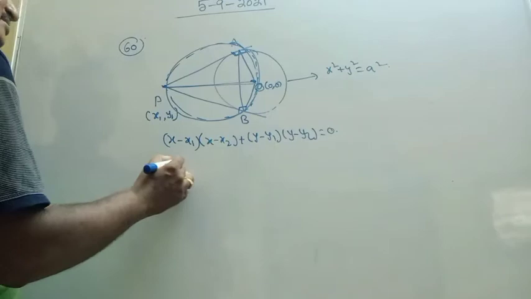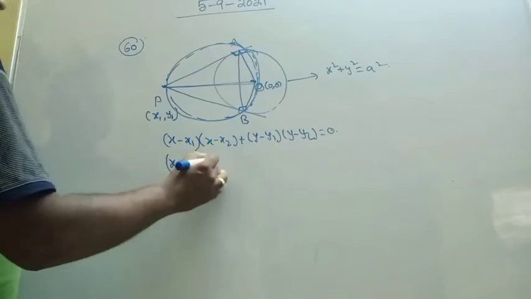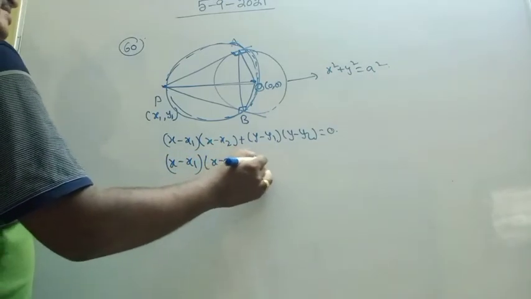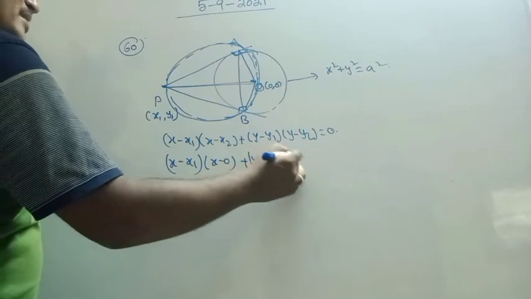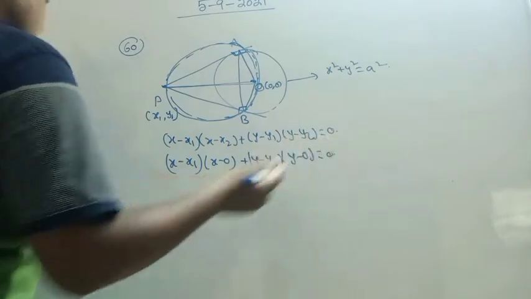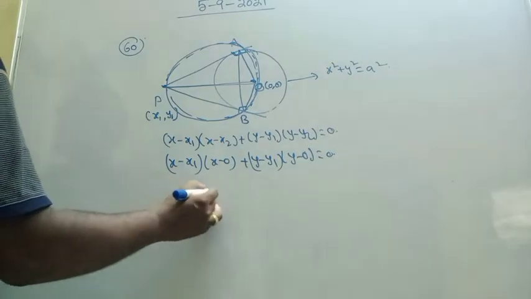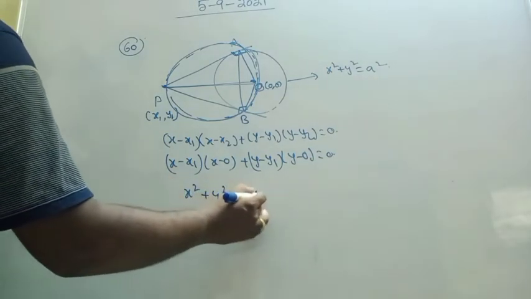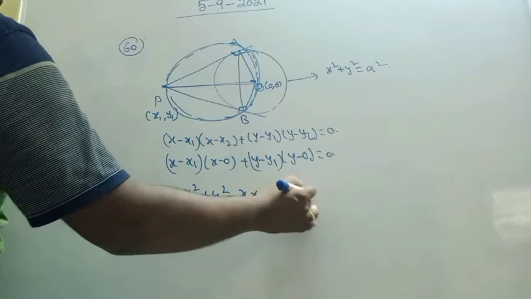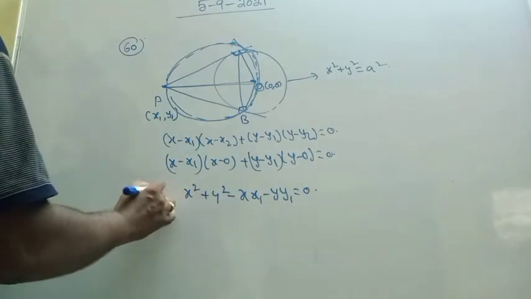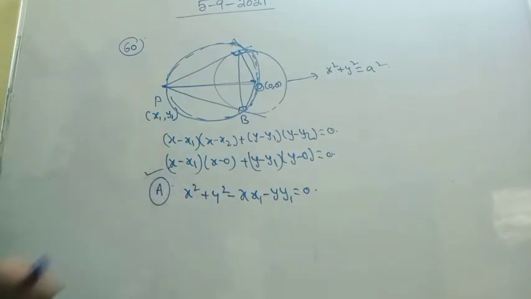This is (x minus x1)(x minus 0) plus (y minus y1)(y minus 0) is equal to 0. If you simplify, you get x square plus y square minus x x1 minus y y1 is equal to 0, which is option A, the correct answer. Very easily you can get this particular problem.